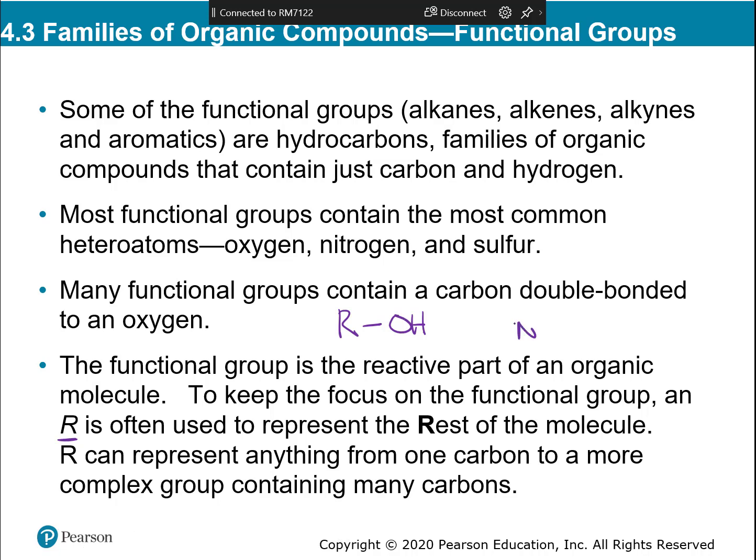Or you might see an R with a dash and NH2. That's just saying any organic molecule with this nitrogen attached. So the R is the rest of the molecule, a generic way of showing something. There are so many different ways that you might see these atoms.